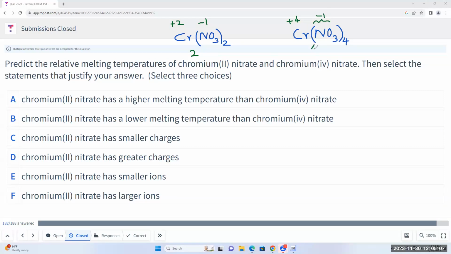The charge product is 4. Because you have a greater charge product in chromium 4 nitrate, the melting point must be greater for chromium 4 nitrate compared to chromium 2 nitrate. That's number 1. Okay.